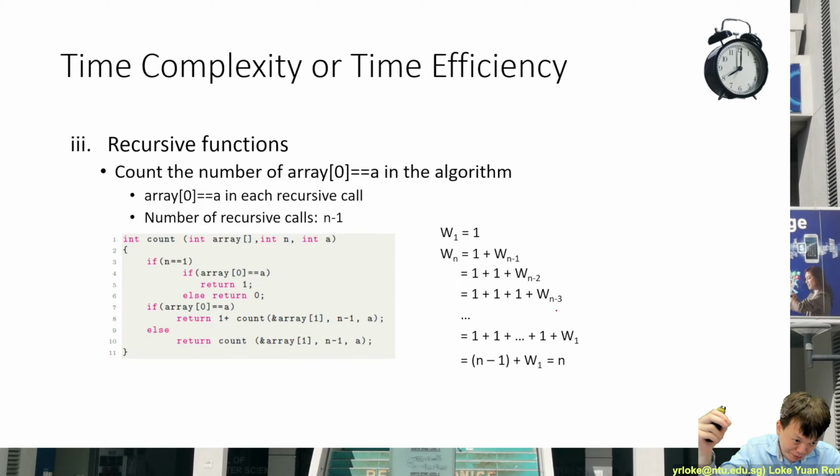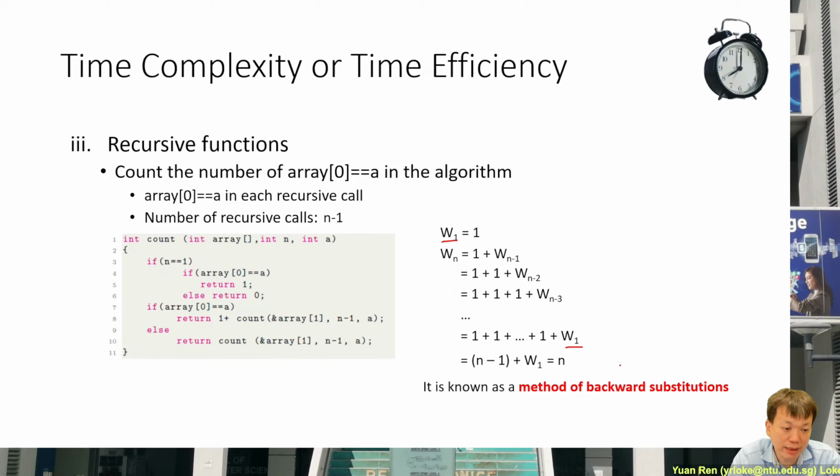Eventually the problem size gets smaller and smaller, 3, 2, 1. The last one is definitely W(1), where you simply substitute the base case, which is equal to 1. Then you just sum it up. Since you did this n minus 1 times, the total is n minus 1 plus the last one, so the total is n. That is the time complexity of this particular algorithm.